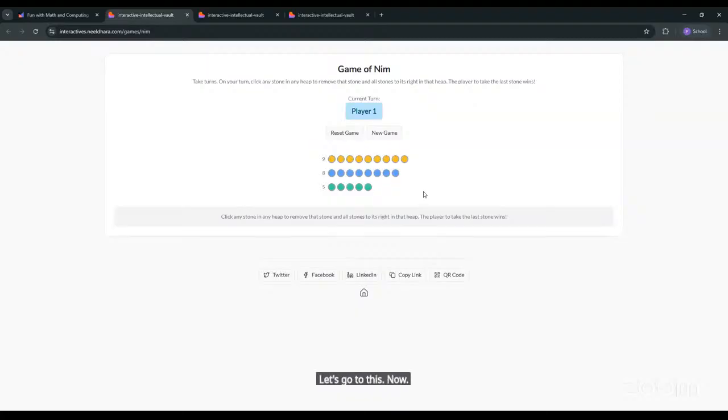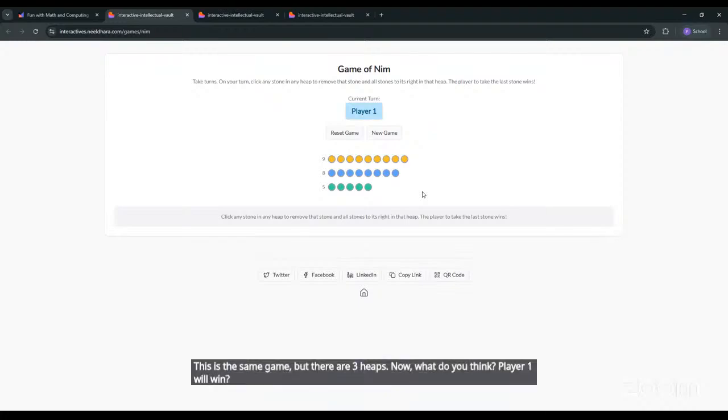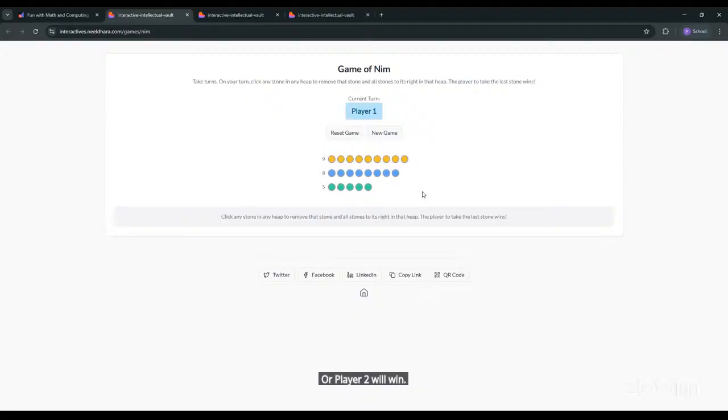Now, what do you think? This is the same game, but there are 3 heaps. Player 1 will come and take some stones, player 2 will come and take some stones. Who will win, player 1 or player 2?